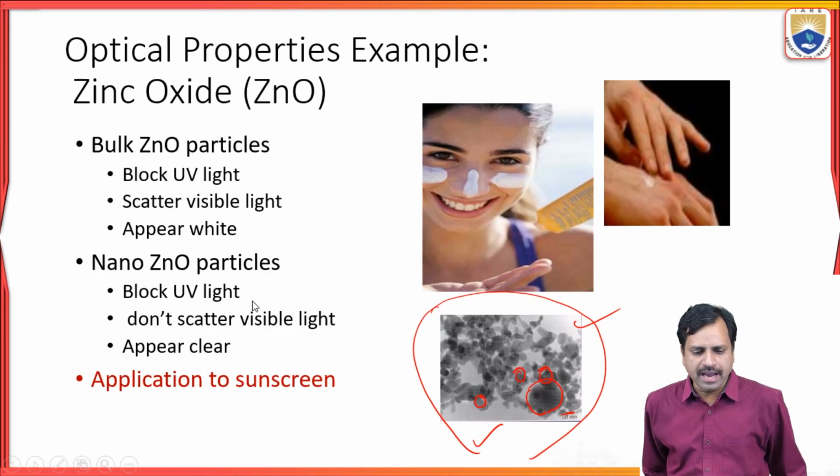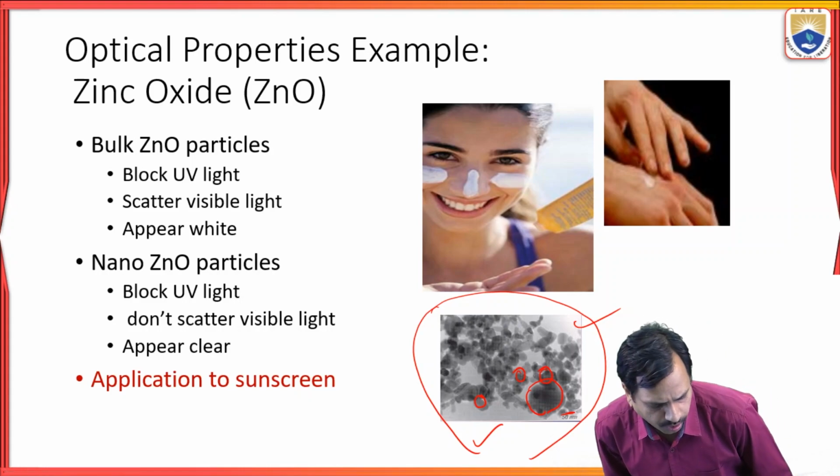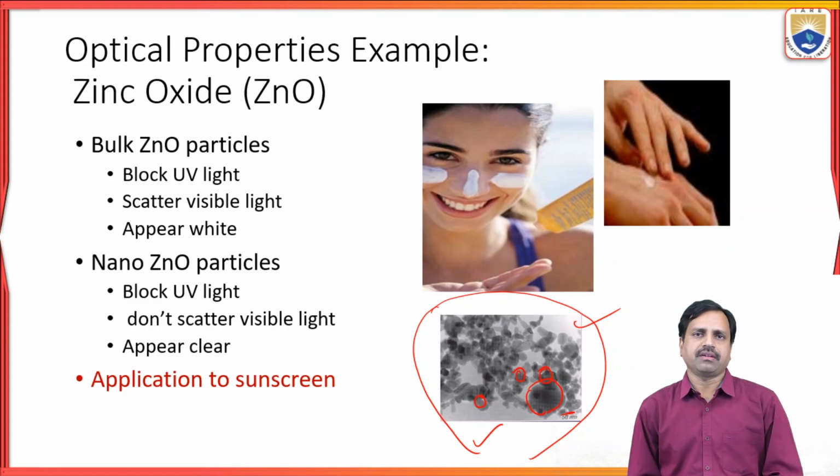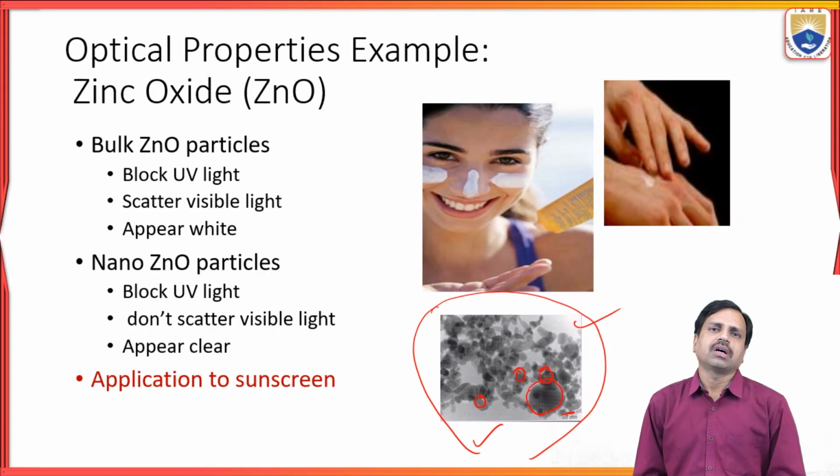Another important thing is optical properties. For example, zinc oxide in bulk will not be used as a sunscreen, because bulk zinc oxide will scatter the light.